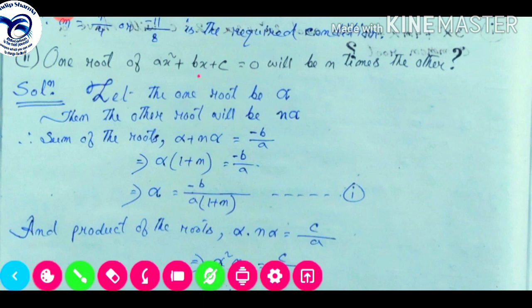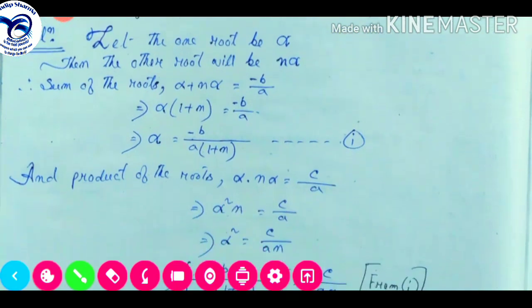From these two terms alpha is common, so taking alpha common, it will remain 1 plus n is equal to minus b by a. So the alpha value will be minus b divided by a into 1 plus n. We consider this equation number 1.